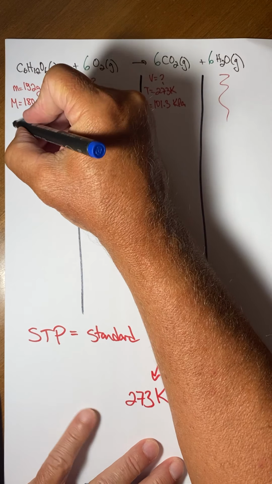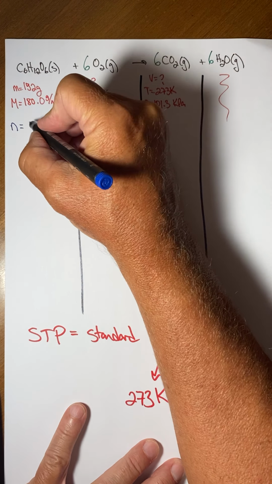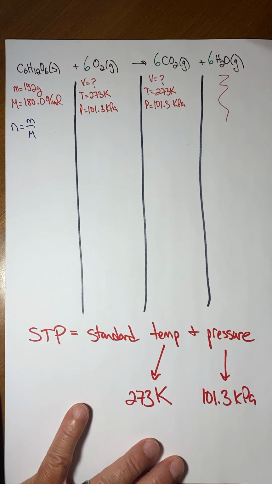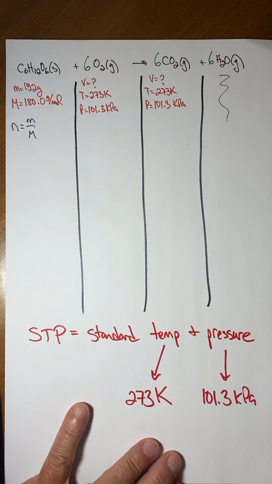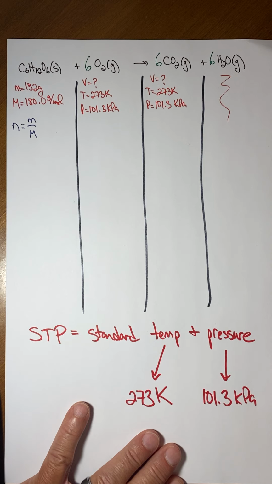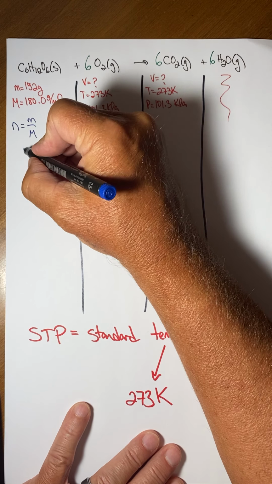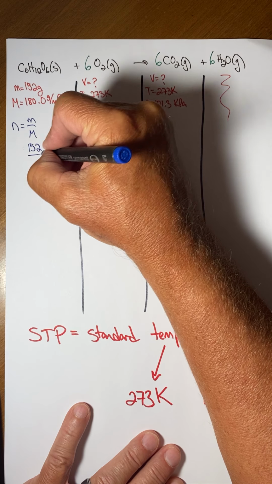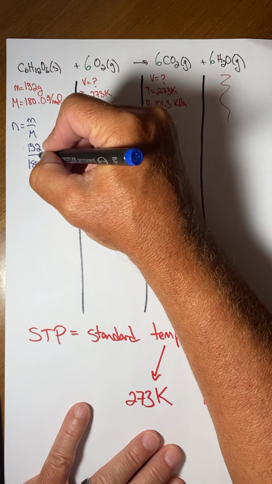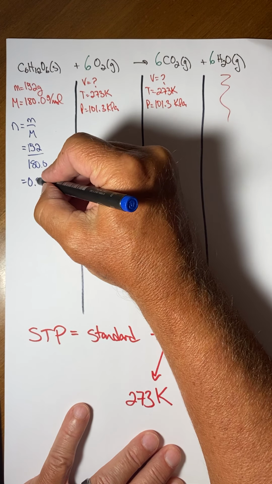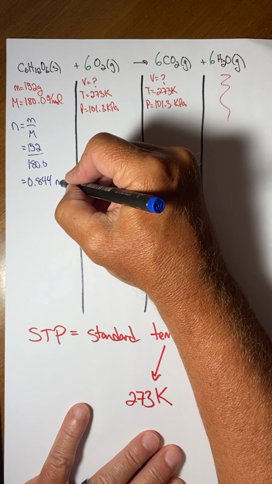And I need to find the number of moles of glucose. And I can do that because of mass divided by molar mass, and I'm given both, sort of, even though you technically found the molar mass. As soon as you're given the formula, you can do that. So it's 152 divided by 180, and I'm going to get 0.844 moles.